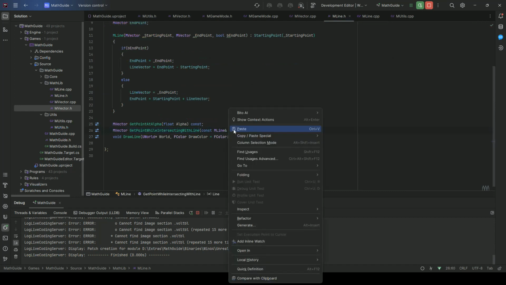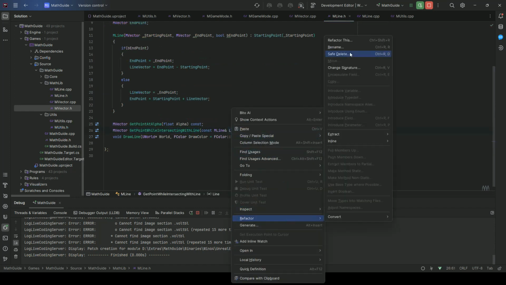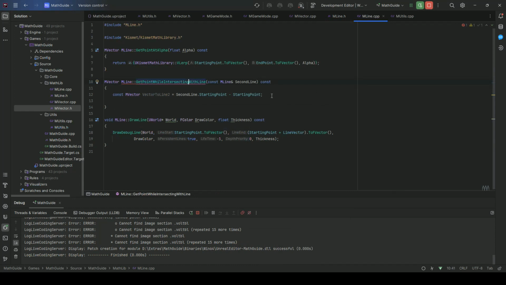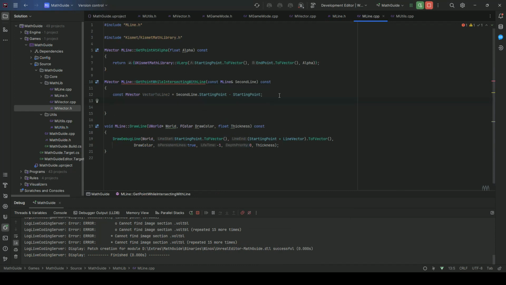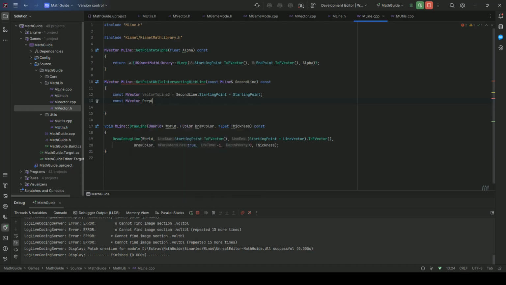And I think we can rename it with second line, so it will give you the clear picture and we will have the clarity. Okay, so we have the vector. Now we need the perp vector of the second, so const m vector perp line 2.